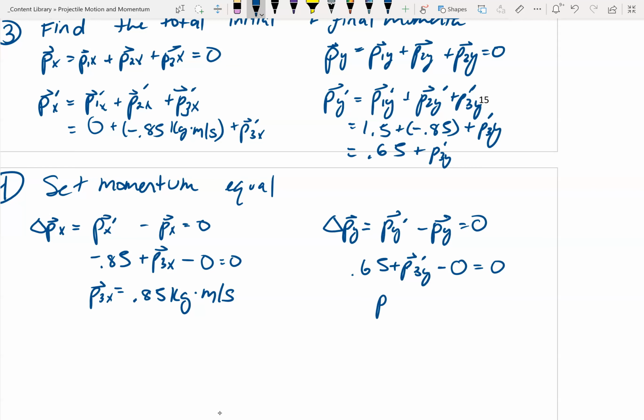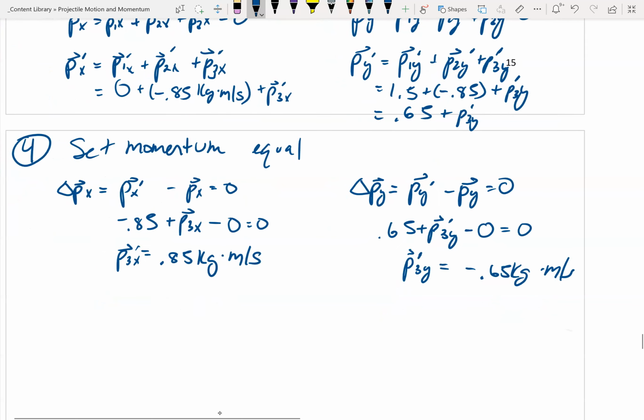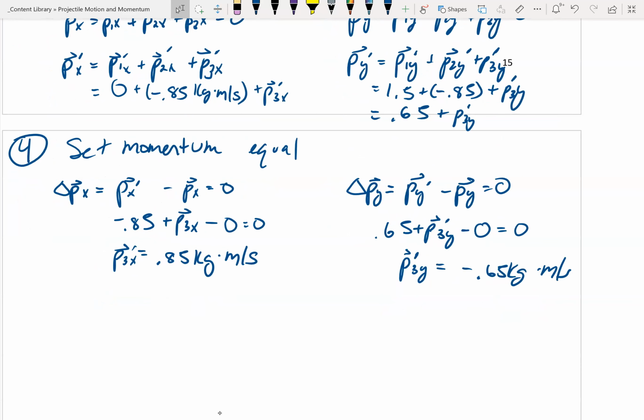Then we can solve for P3y prime, which is negative 0.65 kilograms times meters per second. Now we have our x and y component for P3 prime.